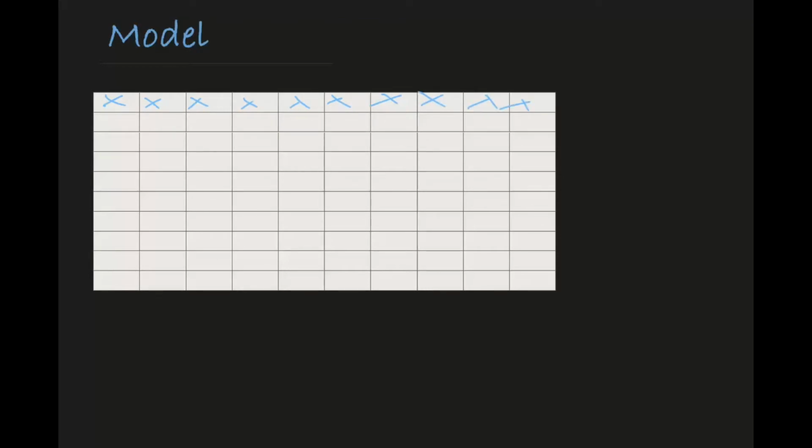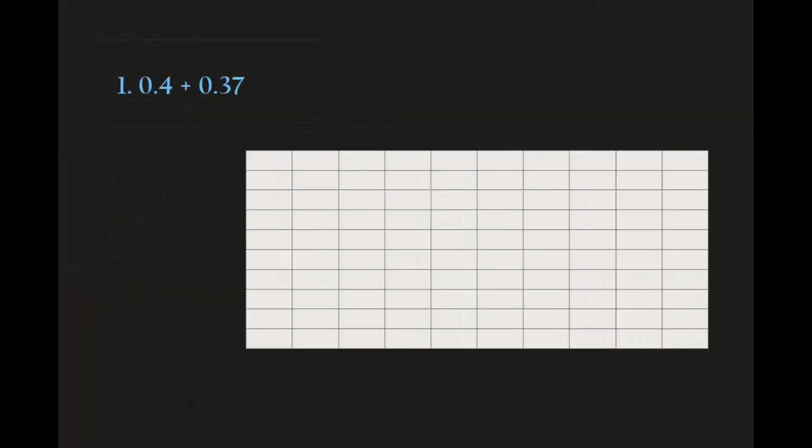And then we need to have 10 on this side: 1, 2, 3, 4, 5, 6, 7, 8, 9, 10. If you don't have a grid with you right now, either you can print one out or you can make one. It's pretty easy. So let's get started with the problems.